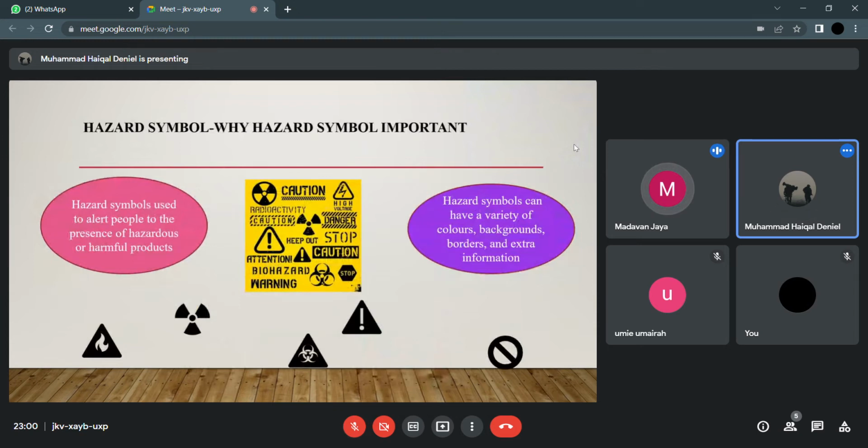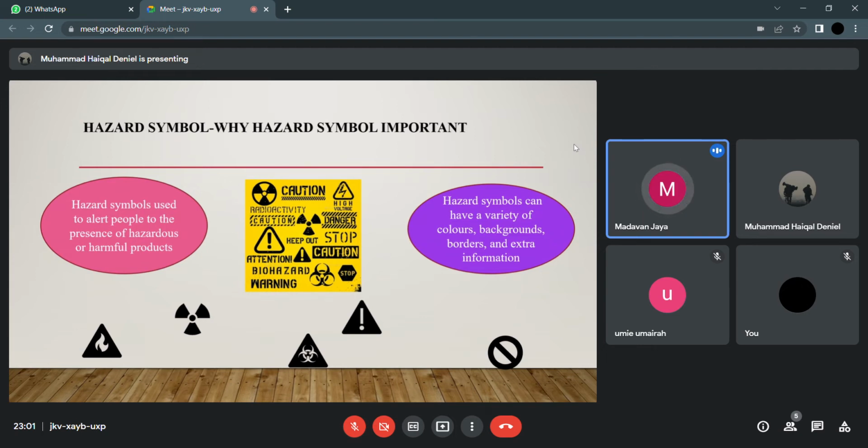Thank you, Haikal. I would like to take over from here. Now I'm going to talk about hazard symbols and why hazard symbols are important. First, hazard symbols, also known as warning symbols, are recognizable symbols used to alert people to the presence of hazardous or harmful products, locations, or items such as electric current, toxins, or radioactivity.